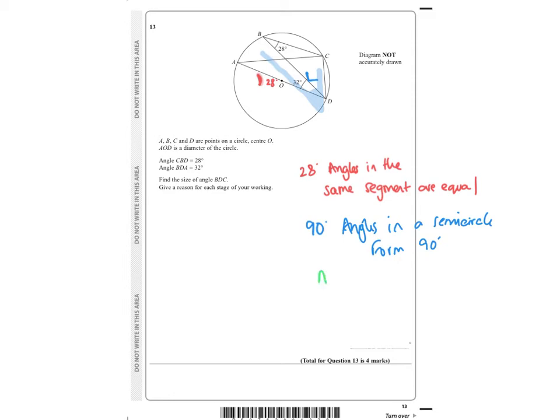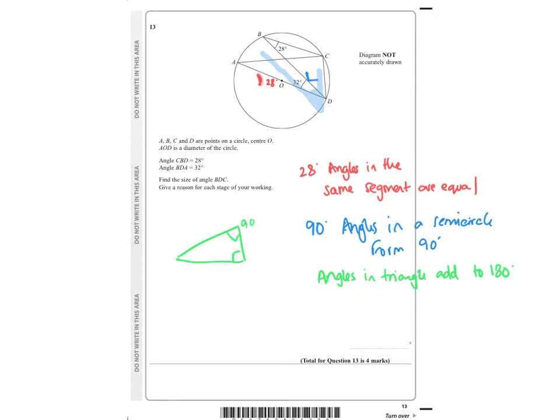So angles in a triangle add to 180, and we've got this shape here now.